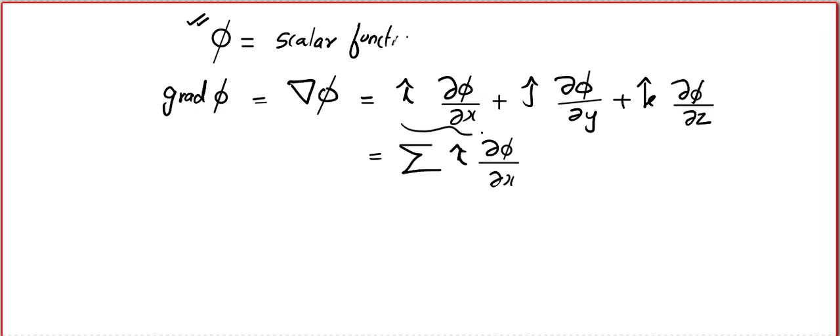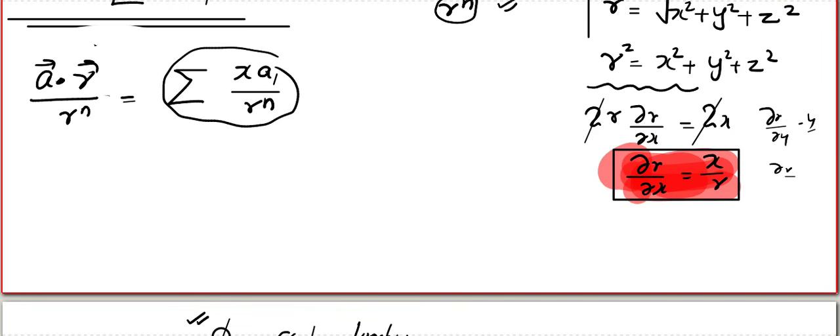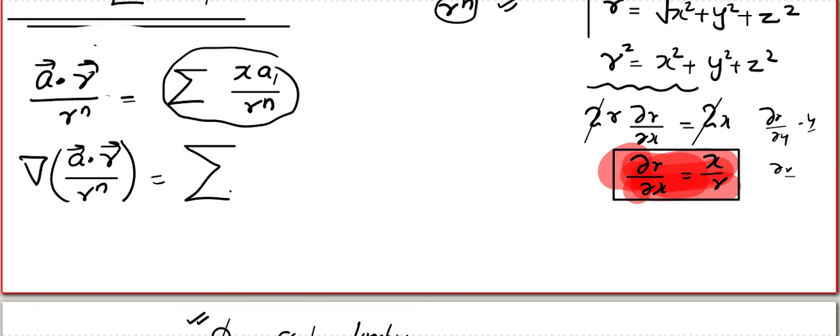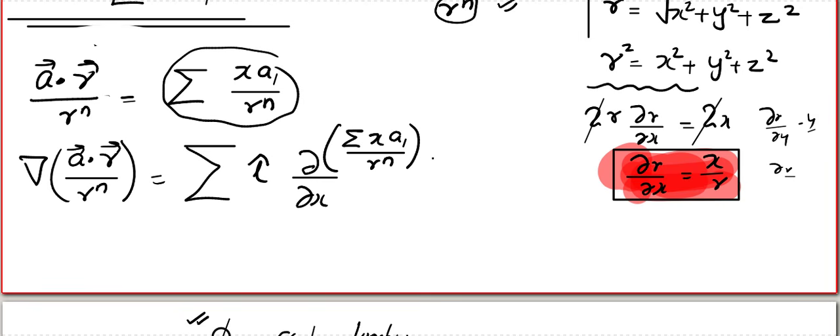So I am writing the whole stuff together. So this is the function. I am going to take del, and remember, taking del means you are finding the gradient, and that will be sigma. Okay, now this looks really complicated.